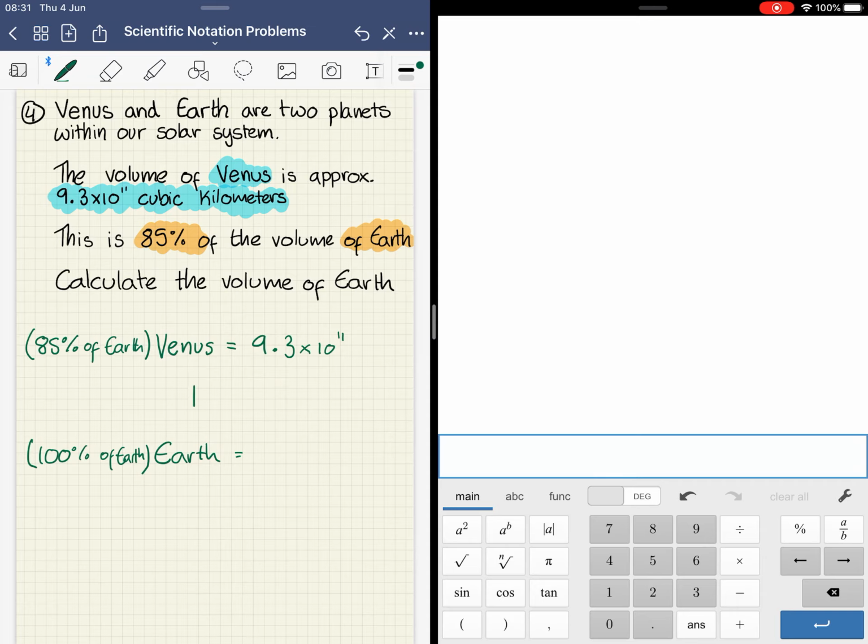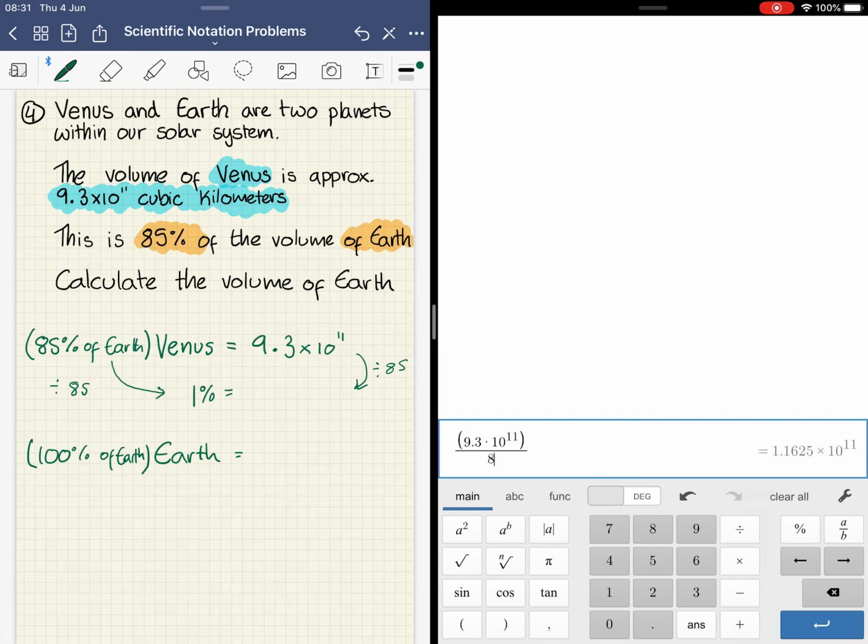So same as always, we want to go down to 1%. So to get from 85 to 1%, I divide by 85, and therefore on this side, I also got to divide by 85. So putting that in brackets, I've got 9.3 times 10 to 11 divided by 85.